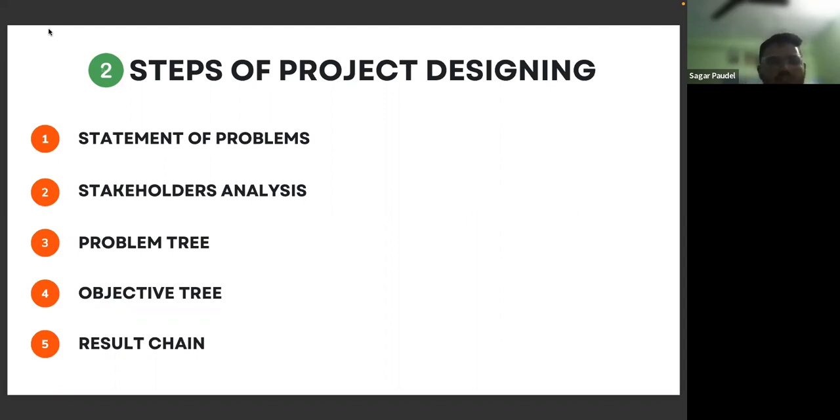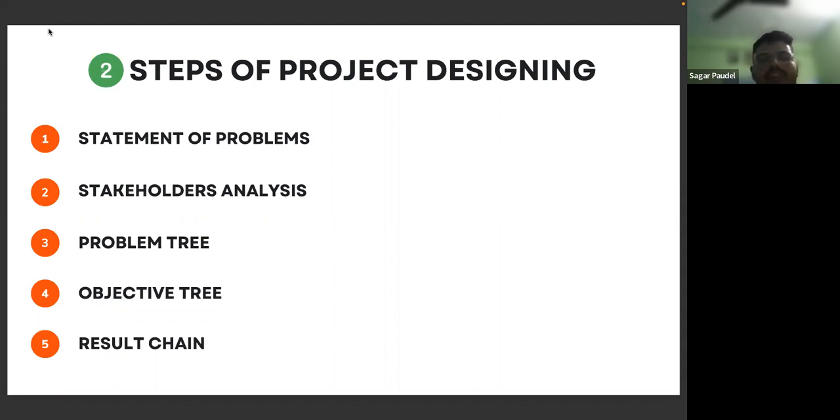We need to mention those problems in terms of data, and we need to identify the people who are concerned with the water problem. For example, it may be some organization working in water, next it may be a governmental agency, next maybe water community users. Those are the people who are concerned in that project.